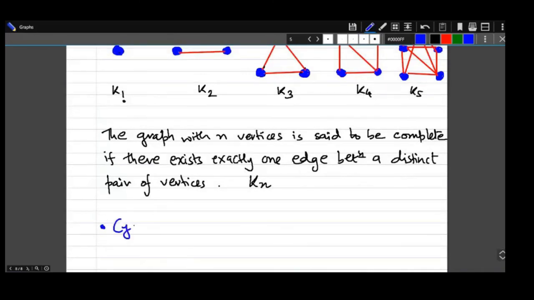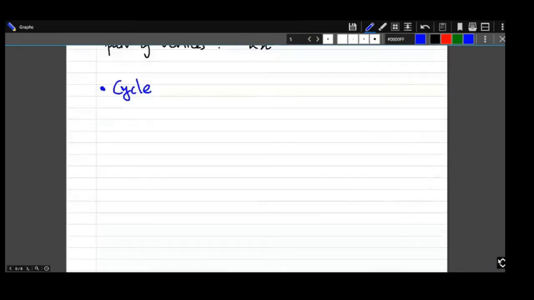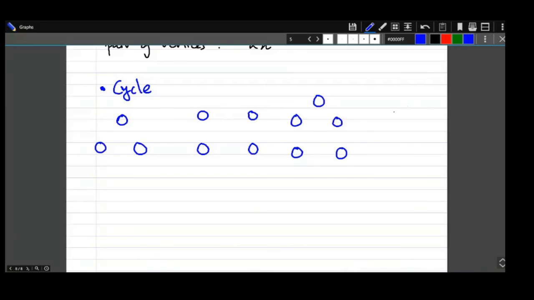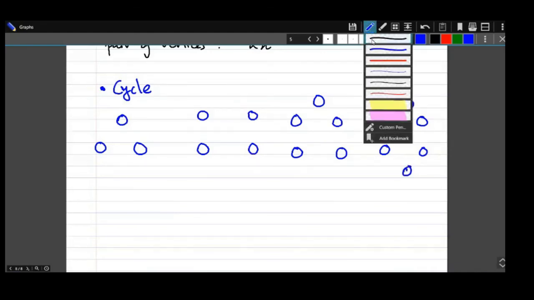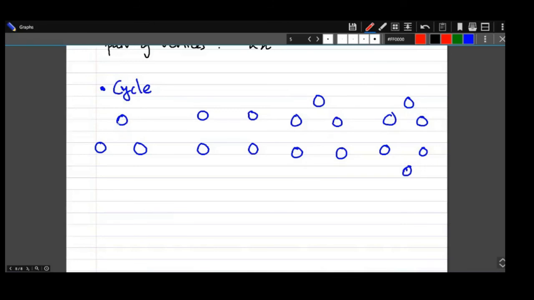So the next type of graph is called a cycle. Okay, it is very easy. So I will again draw the graph, and then you will understand. Okay, so let's say this is K3 or C3, you say 1, 2, 3, 4. Okay. 1, 2, 3, 4, 5. And then you have 1, 2, 3, 4, 5, and 6. Okay. I'll just draw the edges now so we will understand.